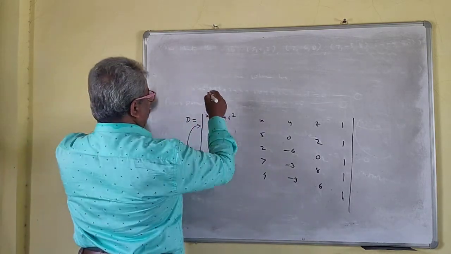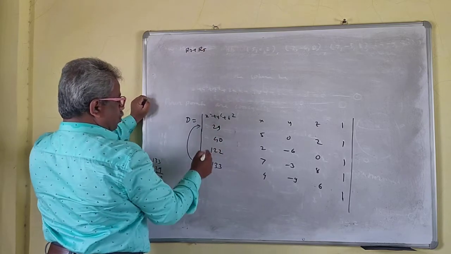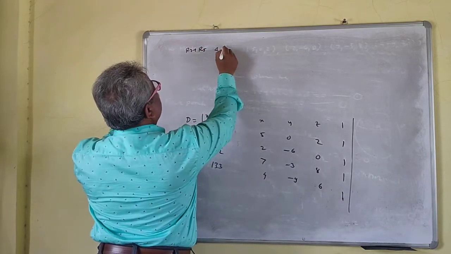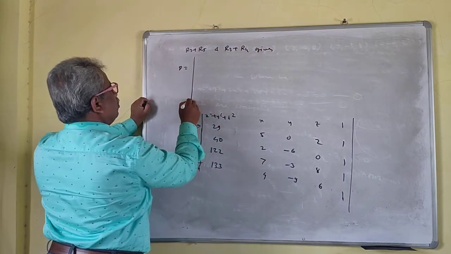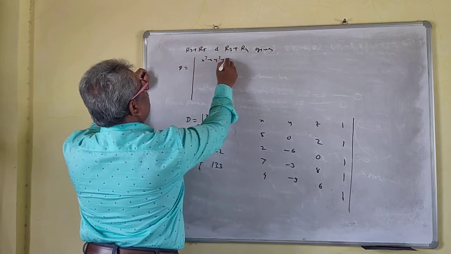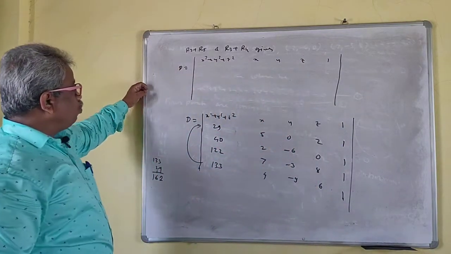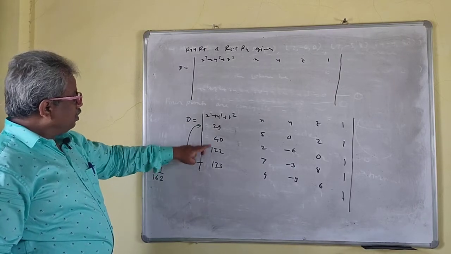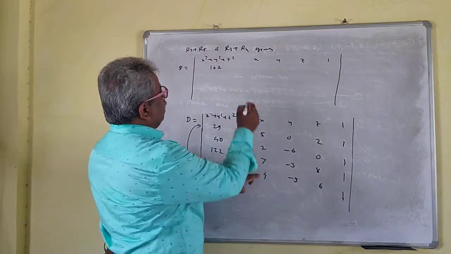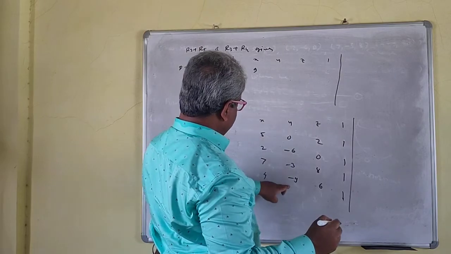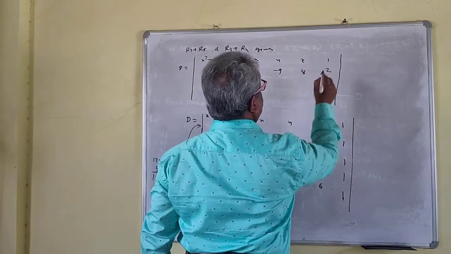So we'll do R2 plus R5 and R3 plus R4, and the determinant will remain the same. For R2 plus R5 you take the sum, that is 162, and we get 9 minus 9 8 2.